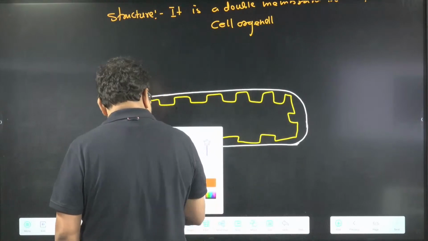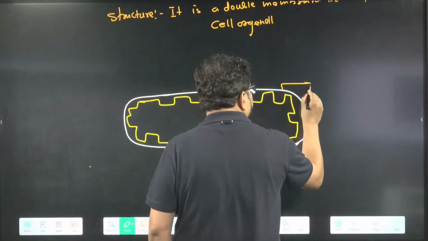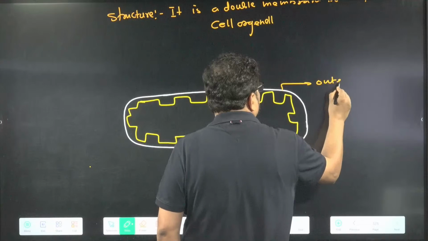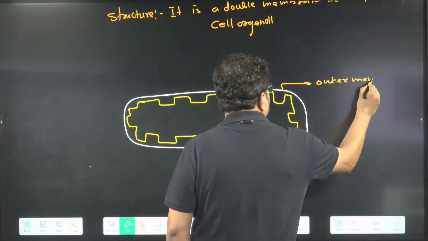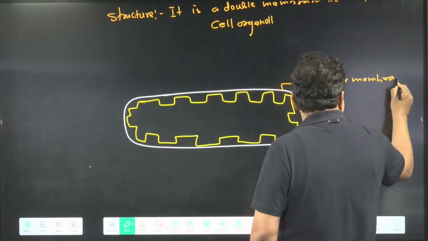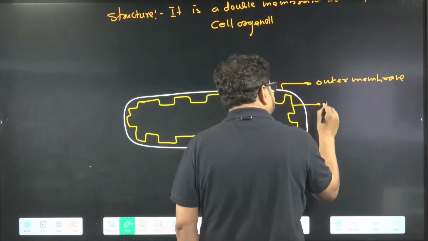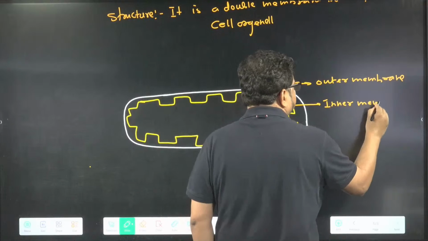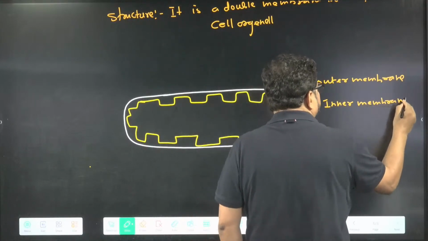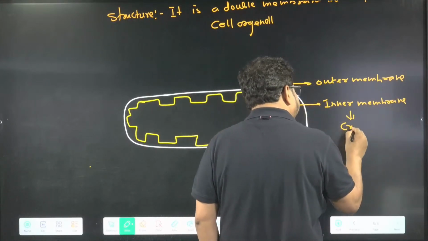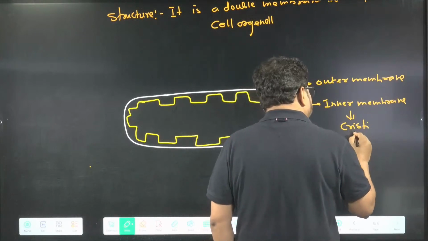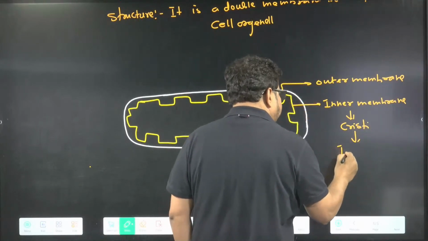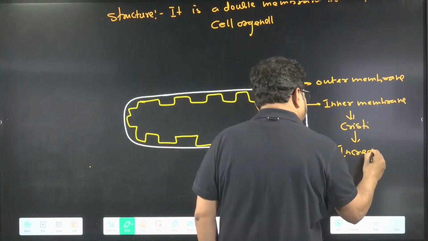This is the outer membrane of mitochondria. And this is the inner membrane. And this inner membrane is also called cristae. So what do cristae do? Increase the surface area for cellular respiration.